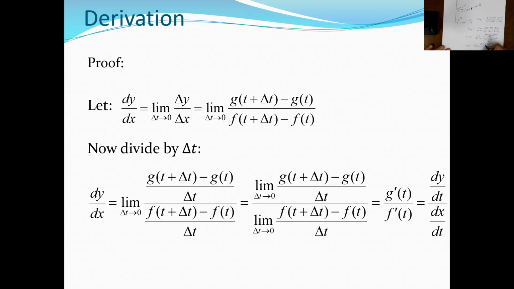And then on the bottom, this now will become basically the derivative. It's g prime of t over f prime of t, or dy dt over dx dt.